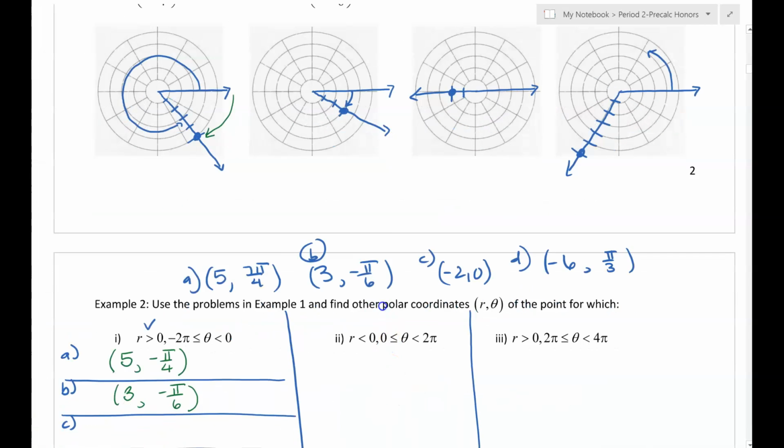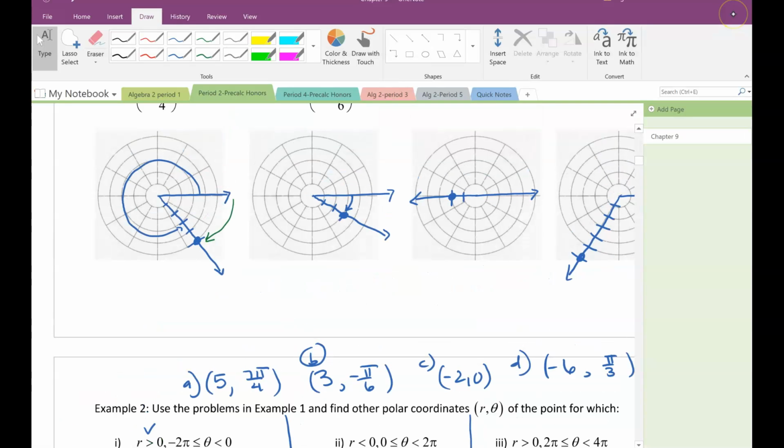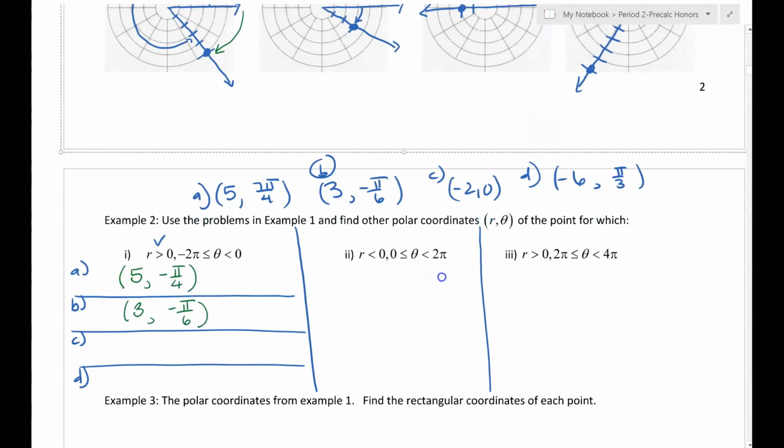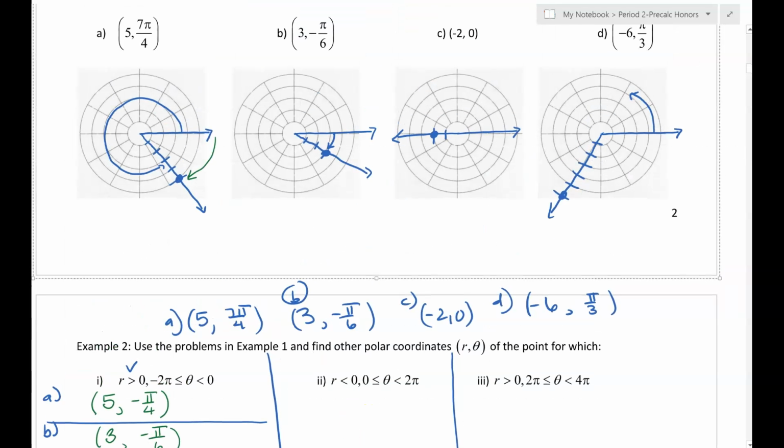So now that we have those, let me get the green pen again. All right, let's move on. Now C was negative 2, so that was a negative radius. And remember, example 2, 1i wants us to have a positive radius and a negative angle. Now we do want to get to this dot over here. So for us to get a negative angle, we will go a negative pi.